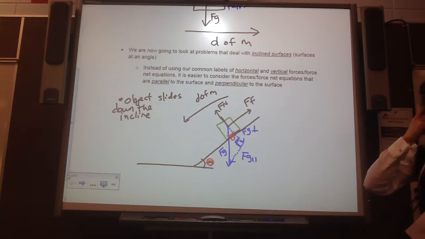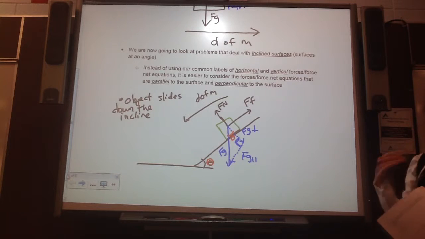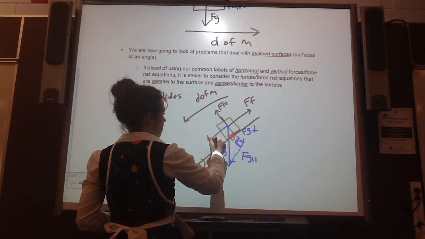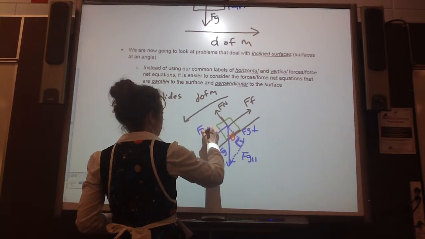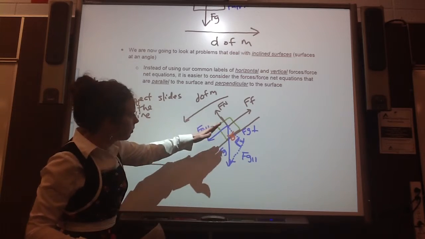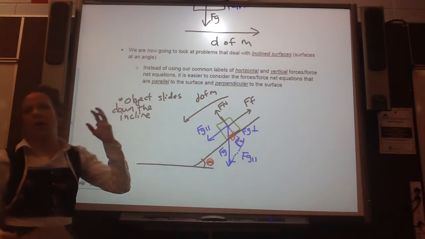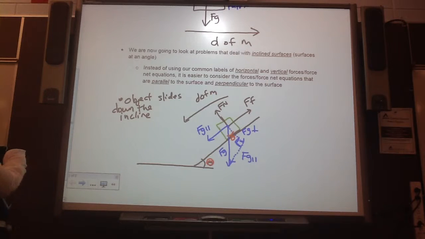Now on my overall diagram, I'm just going to say what FG parallel is one more time, but I'm going to draw it up here. I can say that this is FG parallel. So it's the same arrow right here as right here. I just drew it right on the object just to show my free body diagram more clearly. So this is all the object sliding down.